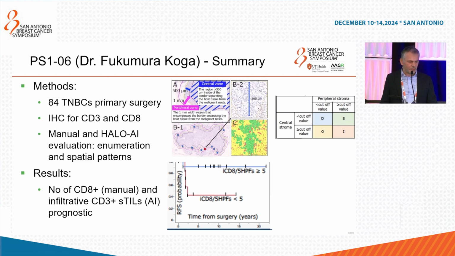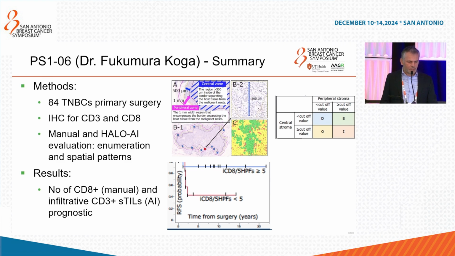And as you see here on the right panel, the method that they used included a definition of the central versus the peripheral stroma using the invasive margin of the tumors, and they could then see the abundance of the immune cells in the different compartments.